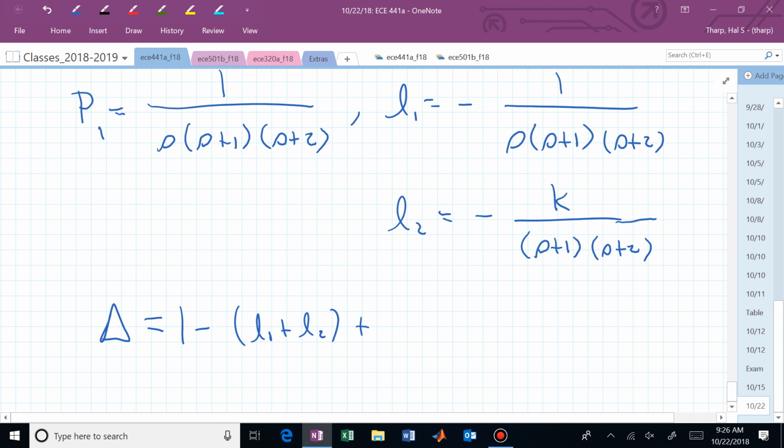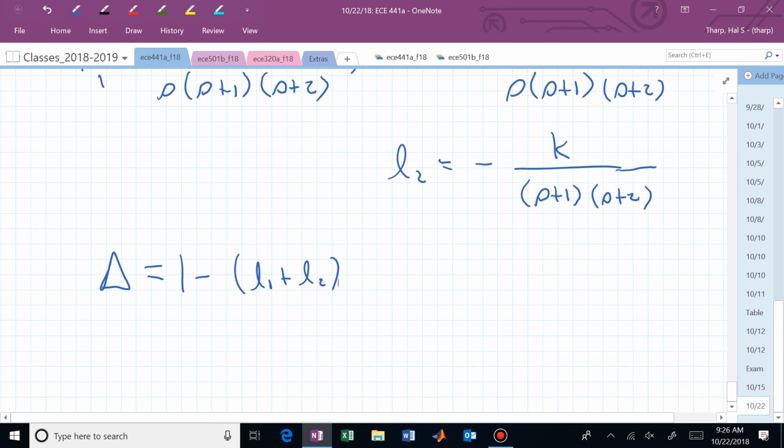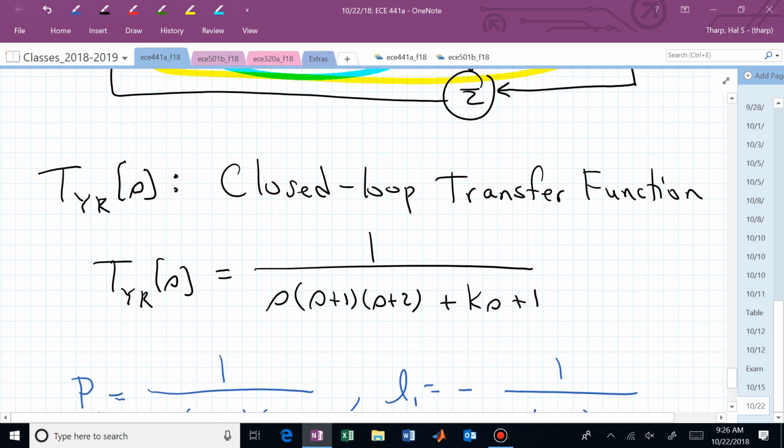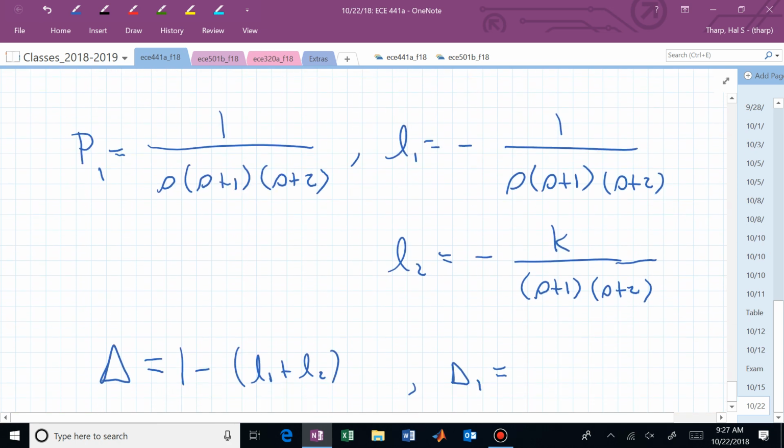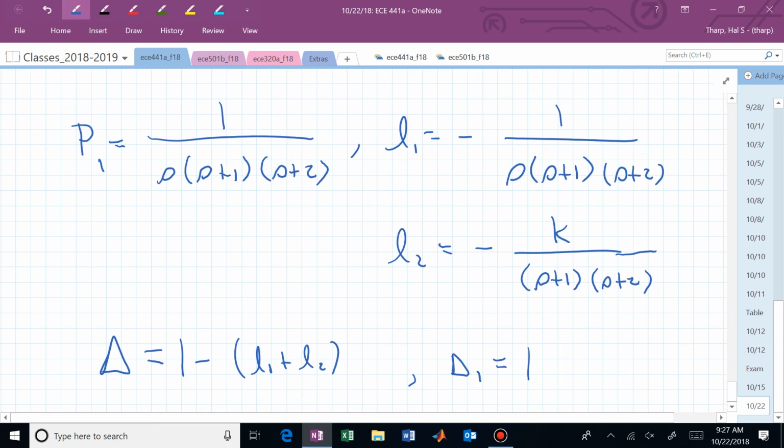If we had non-touching loops, but those loops touch, so we don't have the product of L1 and L2. And what's delta 1? What's the cofactor associated with path 1? If I eliminate path 1, do I disconnect any loops? I break them all, don't I? So my cofactor delta 1 is just 1.